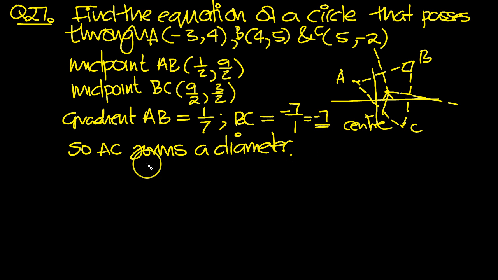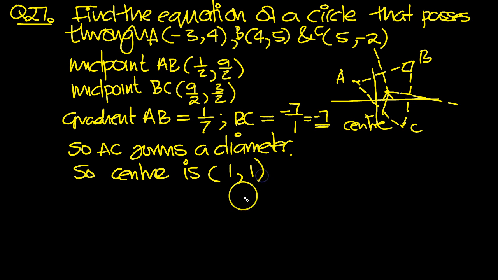Consequently, the centre, what have we got then? The midpoint of AC. A to C, add them: 5 and -3 is 2, divide by 2 is 1. And then 4 and -2, add them, you get 2, divide by 2, you get 1 again. So there's our centre.